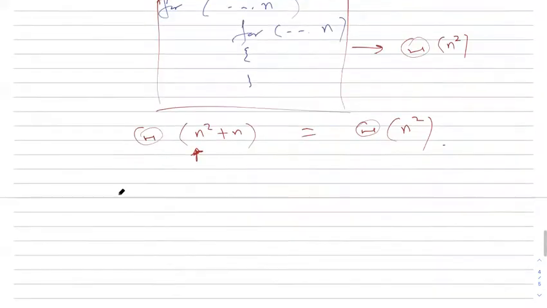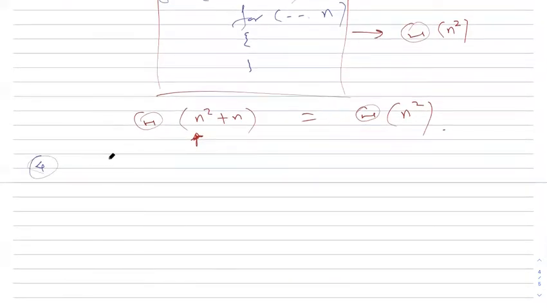Okay. Rule number 4. When you're encountering if else, the conditional sections of the code. So if you have if some condition and then some statement s1, else s2.